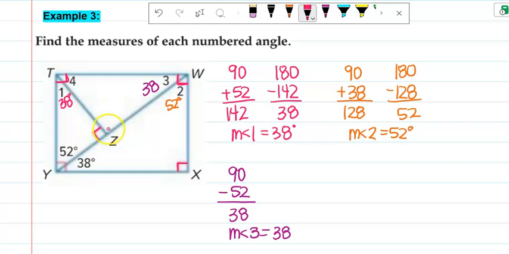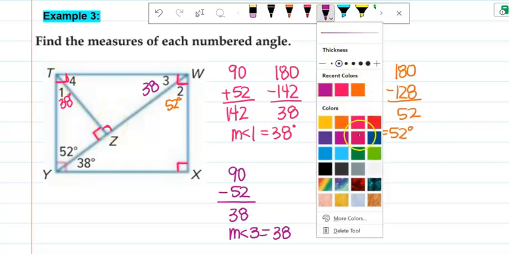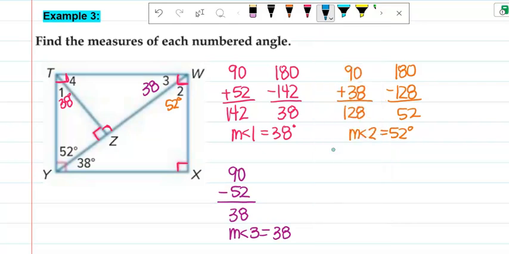If this side is 90, this side is also 90, and we can see that then we would have two angles of this triangle. I'm just going to go ahead and use that right angle, take a little step out for ourselves. So 90 minus 38, we get 52, and angle 4 is 52.